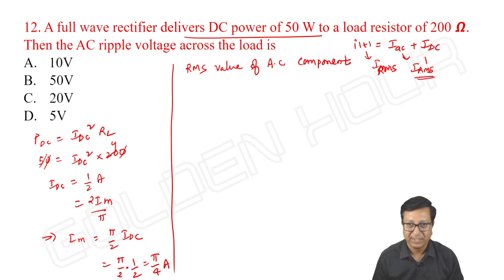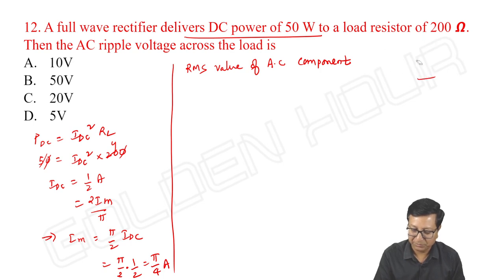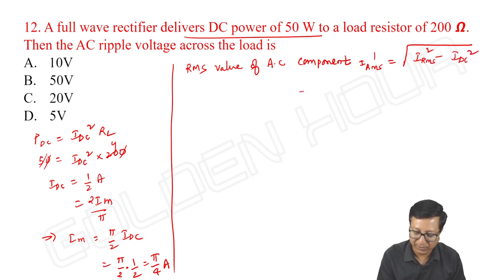IRMS means Im by root 2, we know that, and IRMS dash is equal to square root of IRMS square minus IDC square. That is the square root of Im by root 2 whole square minus IDC whole square.